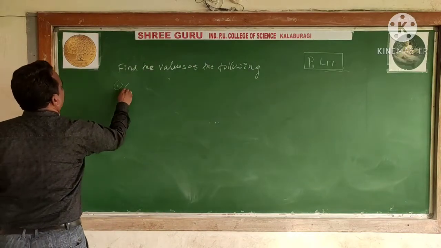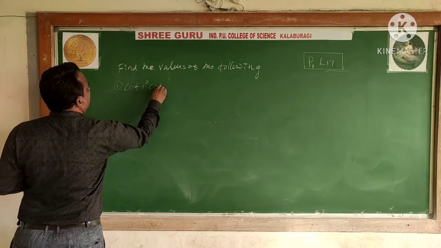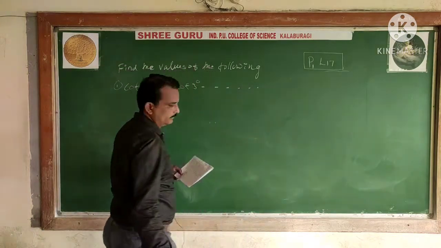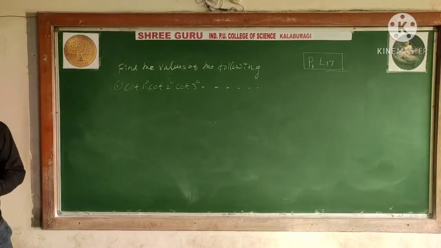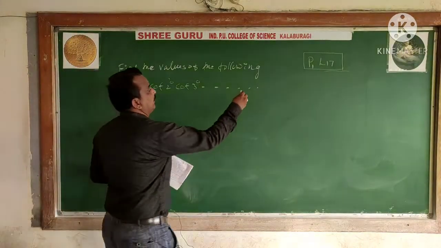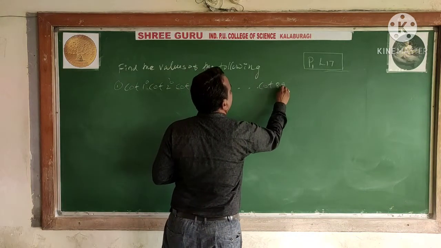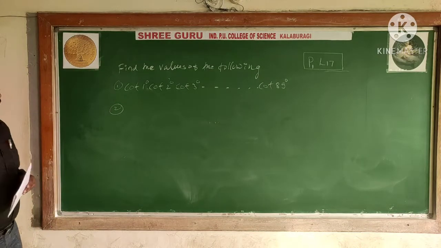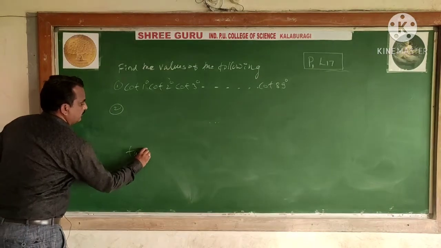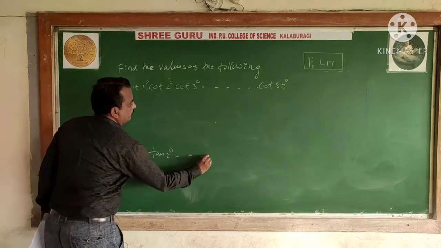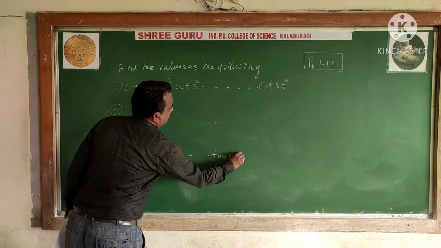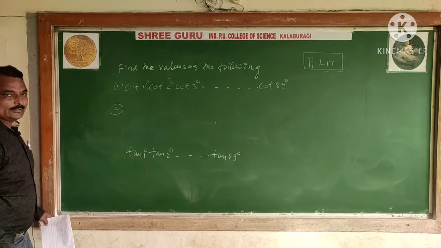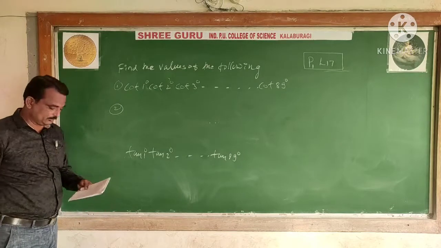Let us calculate cot 1 degree, cot 2 degree, cot 3 degree, up to cot of 89 degree. Second one, as you have calculated tan 1 degree, tan 2 degree, up to tan of 89 degree. Similarly, let me calculate this example. You may think that I will use the results, students.